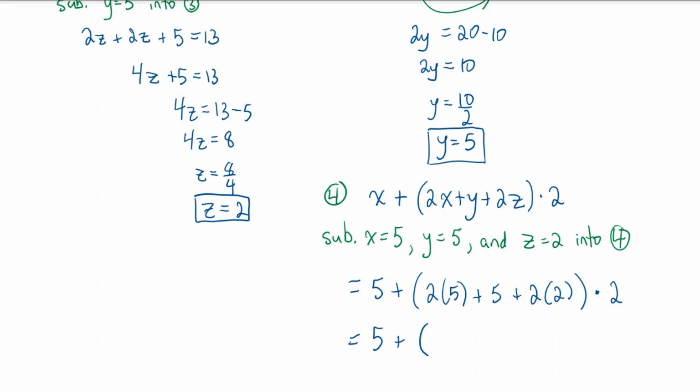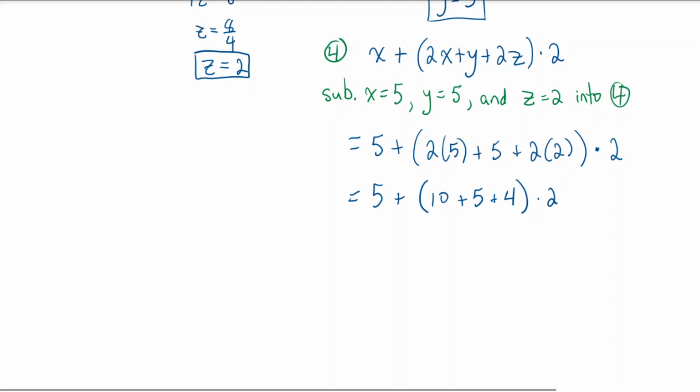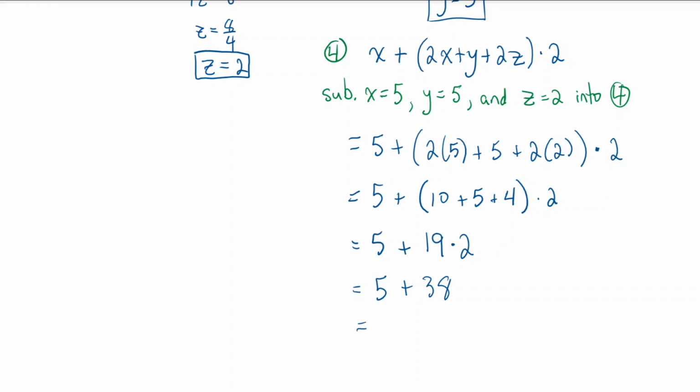So 2 times 5 is 10, plus 5, 2 times 2 is 4. In our brackets, 10 plus 5 plus 4 is 19, times the 2. Next, we must do the multiplication before adding. Remember to do that. So we get 19 times 2 is 38. And finally, we get 43.